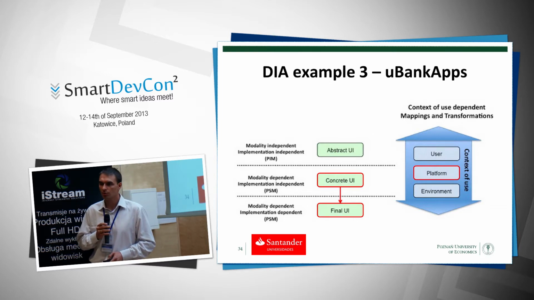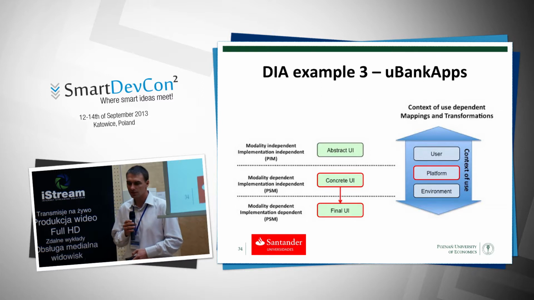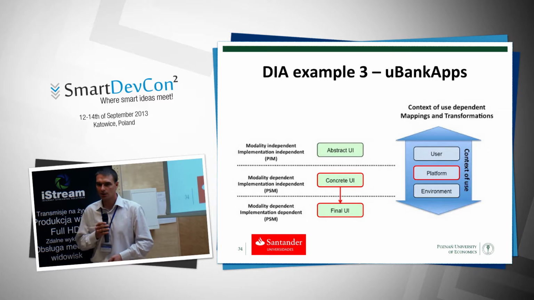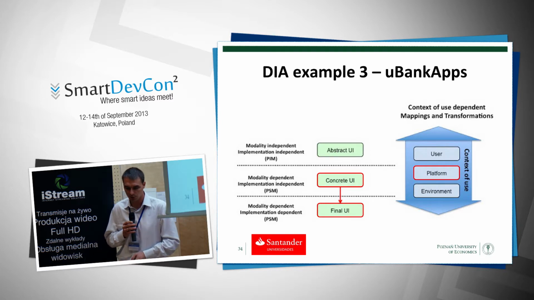And also we research how to translate this into a final UI, which is tailored for a specific device, which is a description which actually tells the device that this specific box should be placed 20 pixels from the top and 50 pixels from the left. And this generation can be done using information about the device and about other possibilities.